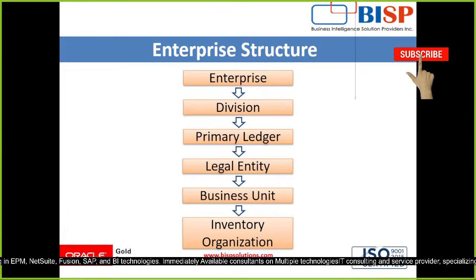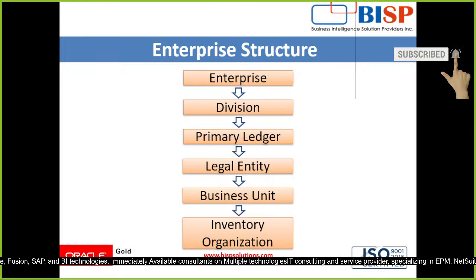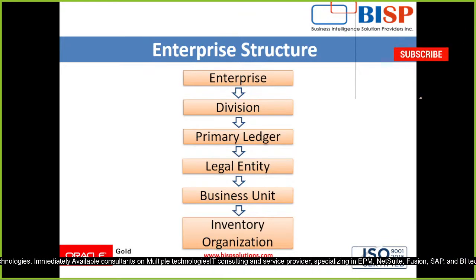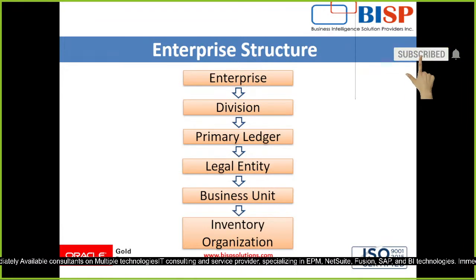The next one is division. Divisions are optional segments which are created under the enterprise. Next one is the primary ledger. A primary ledger in Oracle Fusion application is where all the primary accounting information will be maintained.